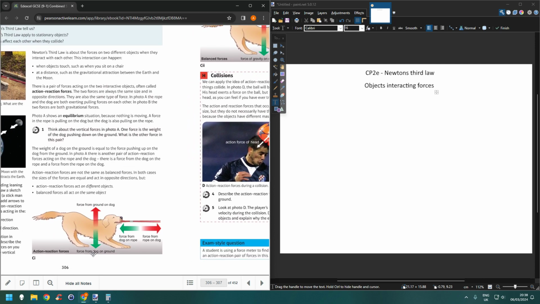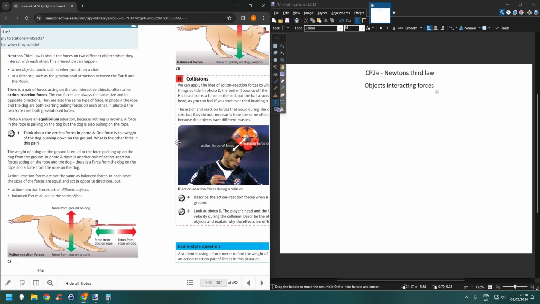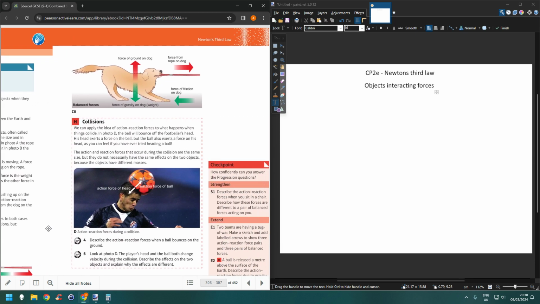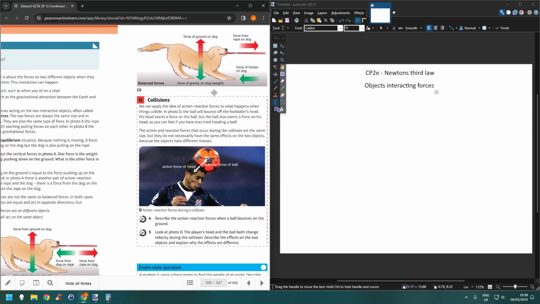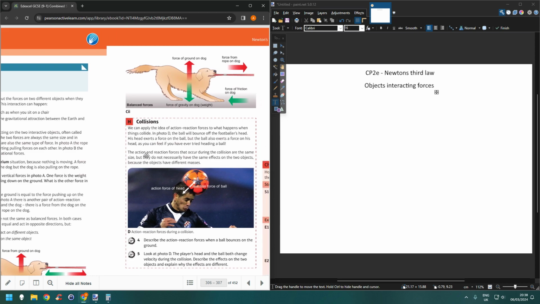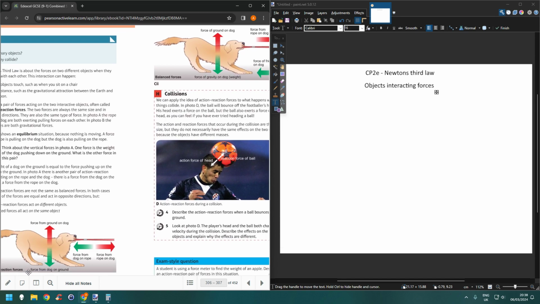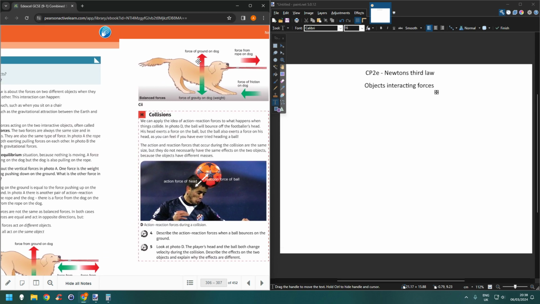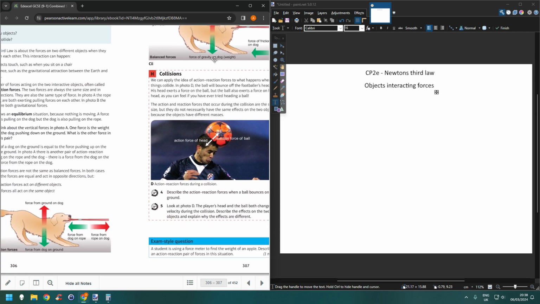Force from ground on dog, force from dog on ground, force from dog on rope, force from rope on dog. So they're just the exact same thing but opposite, whereas balanced forces are the same things but with actual names. So force of gravity on dog instead of force from dog on ground. Force from ground on dog is the same because there's no real name for that. Force from rope on dog, force of friction on dog. There you are. It's like that but named.